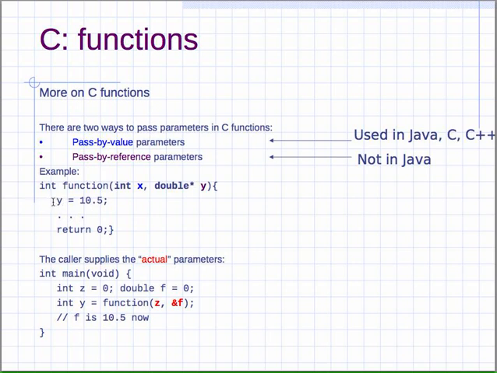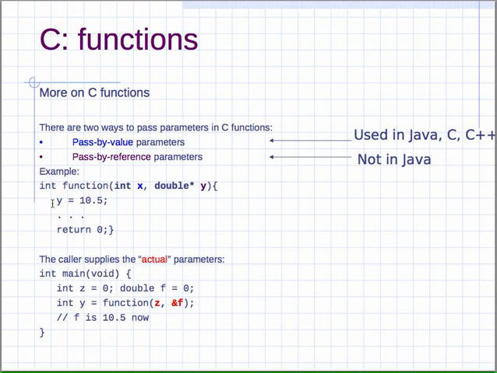It should say star y. And so what this would do is, if you had star y is equal to 10.5, you would be assigning 10.5 to the memory location pointed to by y. So strictly, this might actually compile, but it shouldn't. And what I meant to do was have a star y.